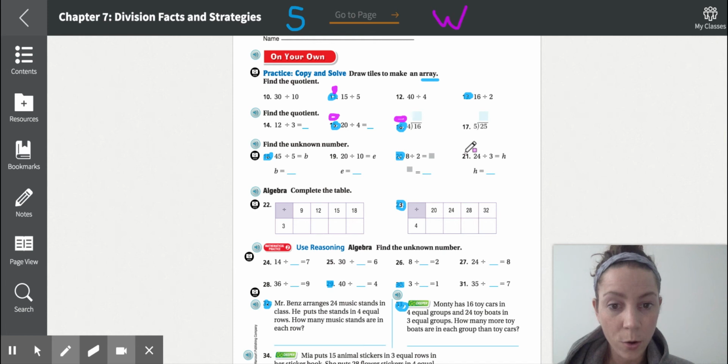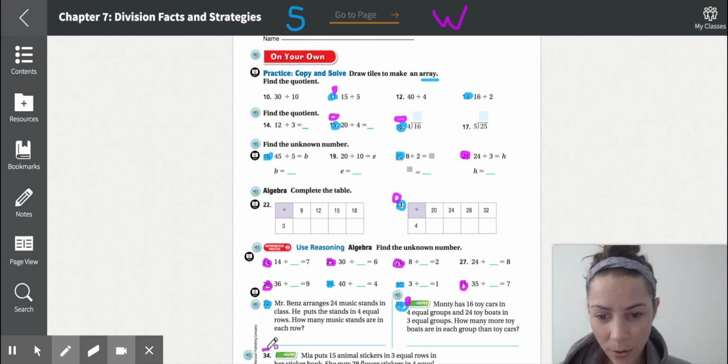Number 21. 23. And I want you to do all of these algebra ones. And I'll do one of them with you before you start. I'll do 27 with you. And then I'd like you to do 33, and you can't see it, but also 34.